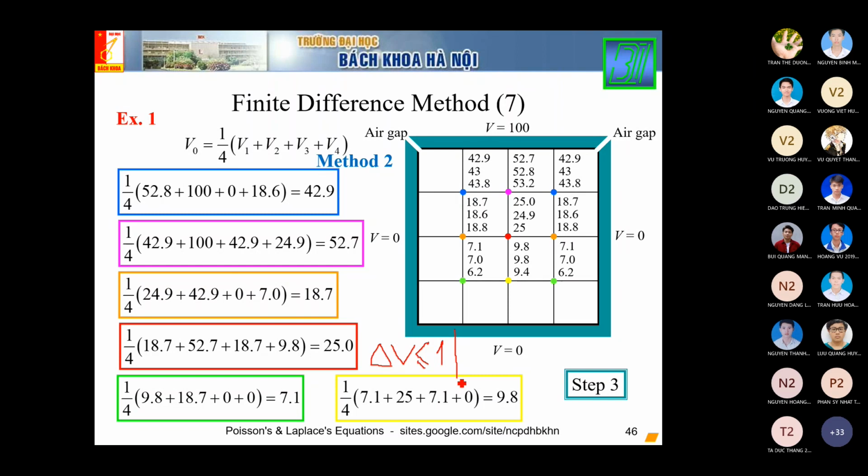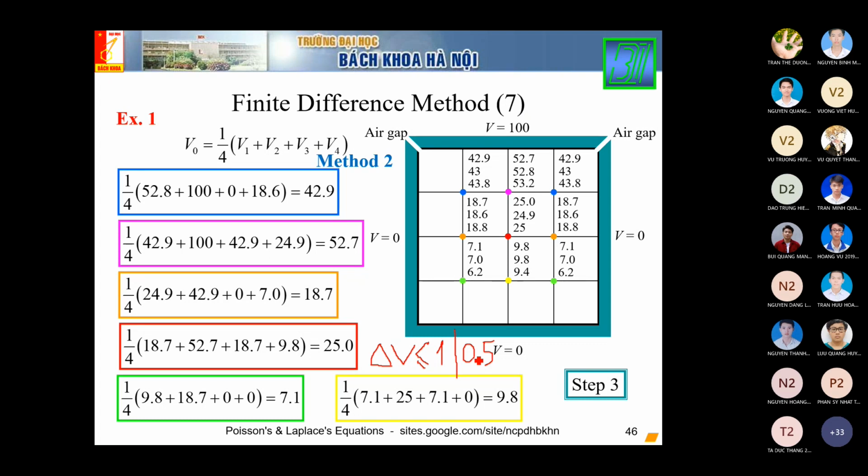Yes, because delta V is 0.8, which is smaller than the threshold 1 here. So we can stop. But if the requirement, the absolute error, is 0.5, can we stop at the second step? No, because 0.8 is greater than 0.5.